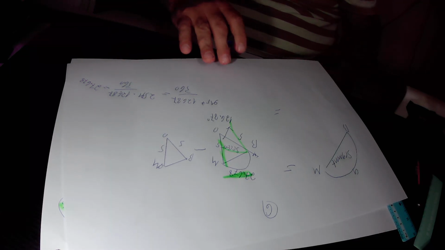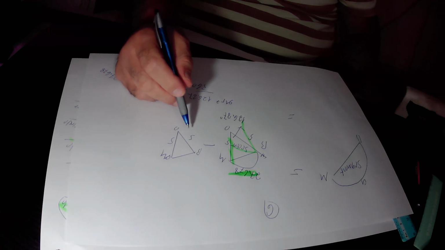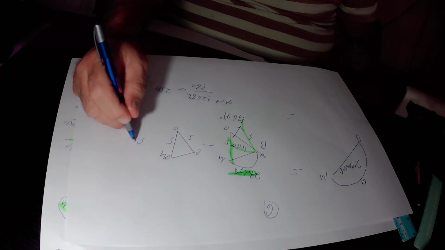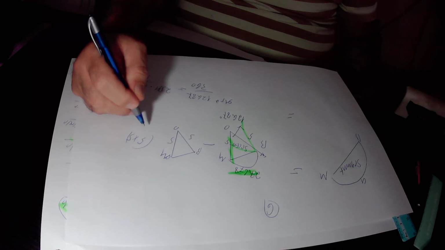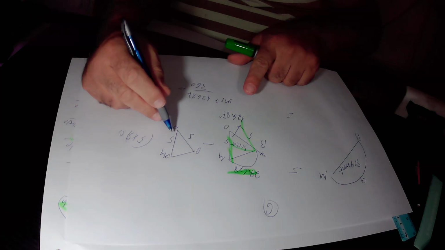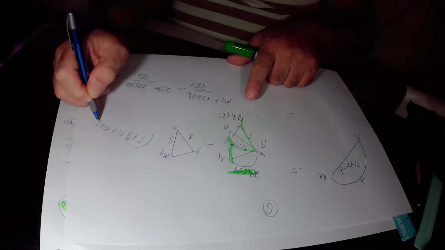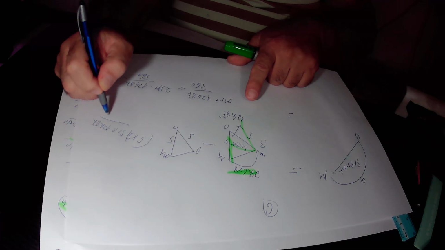According to the formula that I presented to you, the area of this triangle must be equal to 5 times 5, this is 25, times sine of 126.87 degrees, over 2.